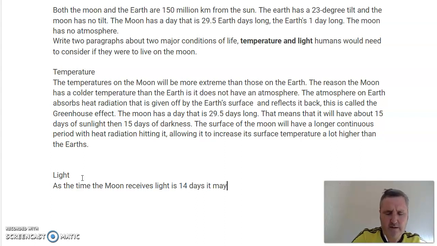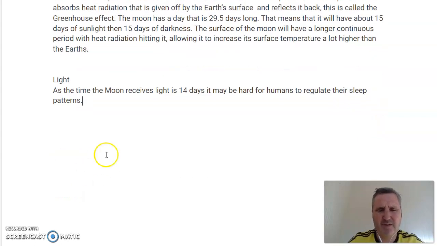It may be hard for humans to regulate their sleep patterns. That means it might be hard for us to sleep.